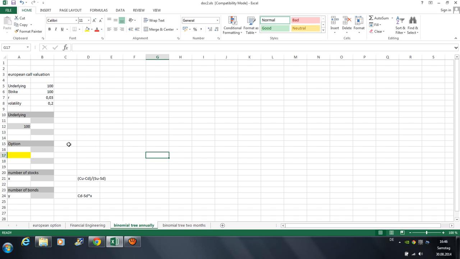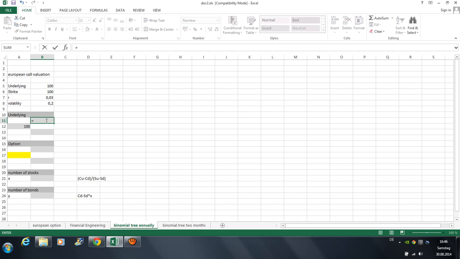But here I just want to show you that there is another way, which is called the binomial tree. We can see that here we have an underlying for a European call option, and the underlying at the beginning has a price of 100, and 1 year later we assume there are only two outcomes.